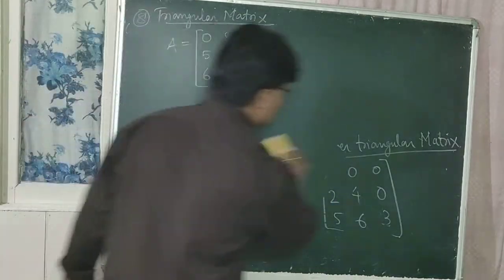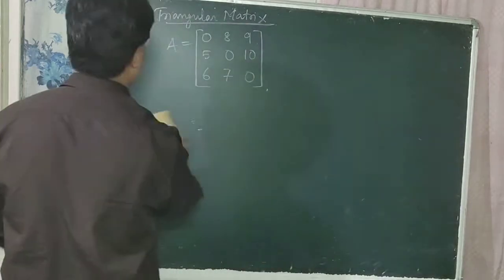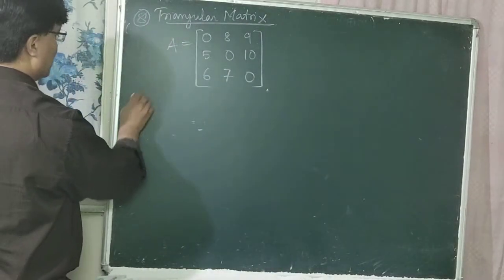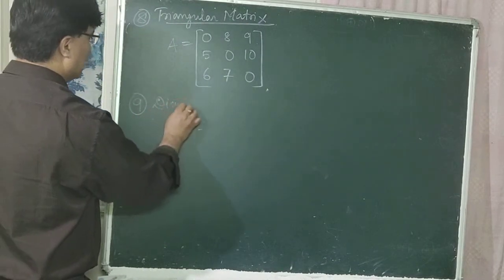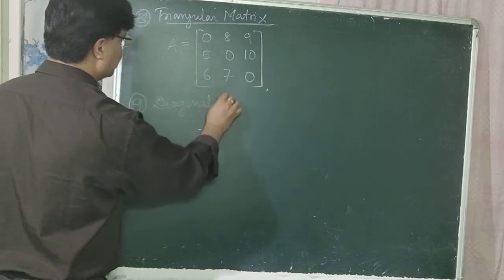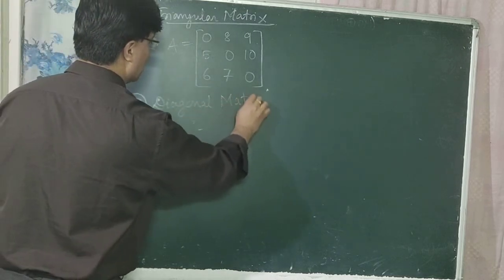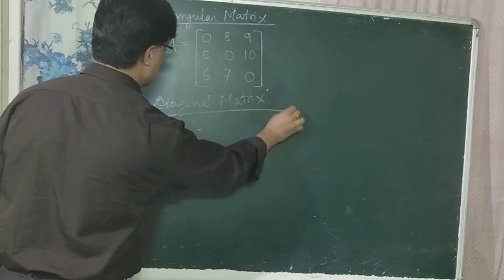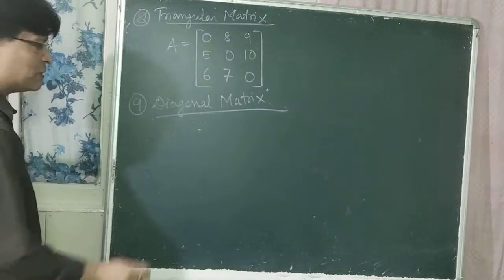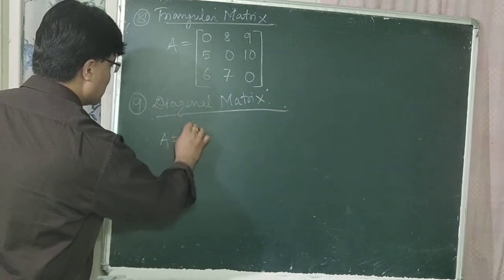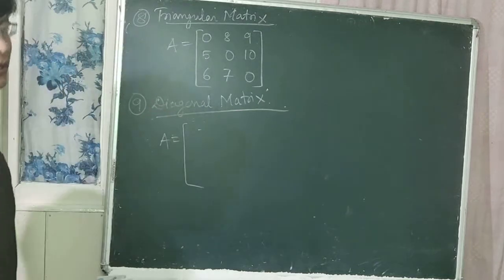Now number 9 is, let us say, diagonal matrix. So what type of matrix is known as diagonal? So this is the case of square matrix.